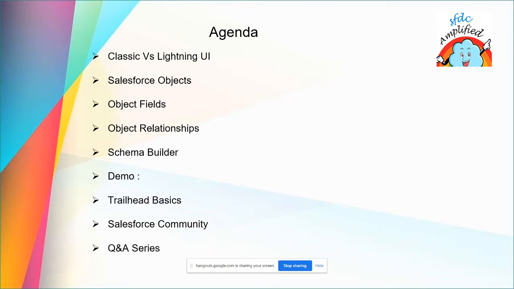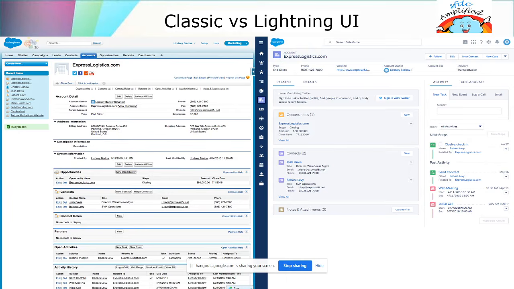Thank you. So let me begin with Classic versus Lightning UI. The right side image is the Lightning UI in Salesforce, and to the left we can see the Classic UI. So we can see the difference here. The Lightning UI is more attractive, a better UI, and it is more compatible and has better responsiveness for devices such as mobile, tabs, and iPad.